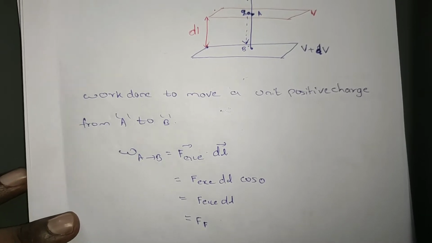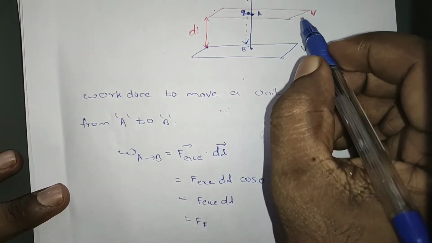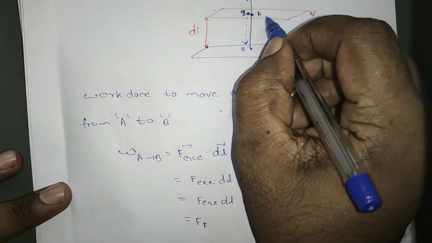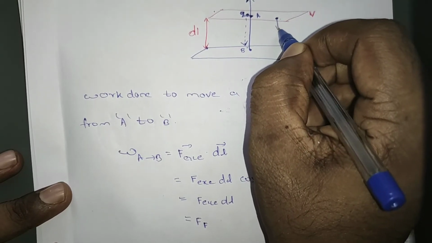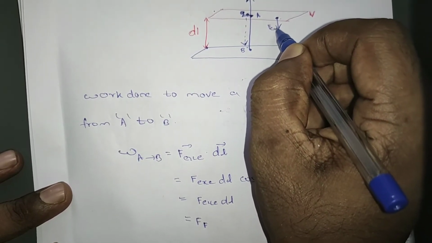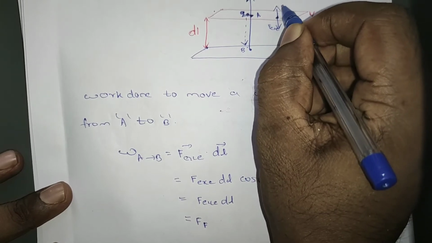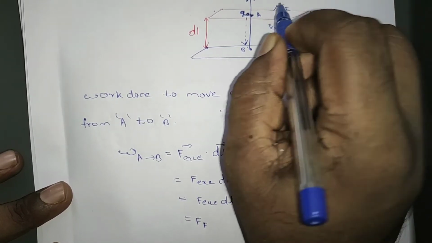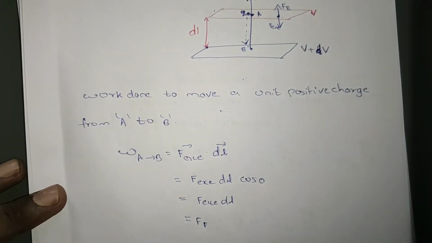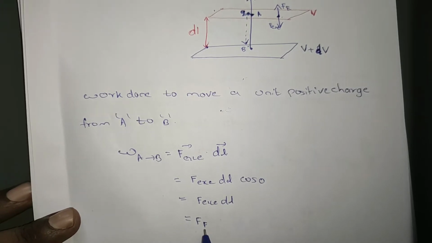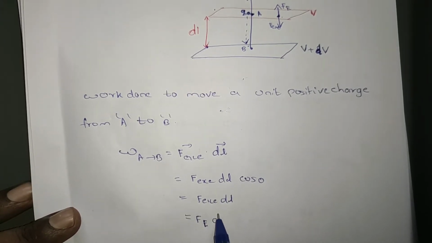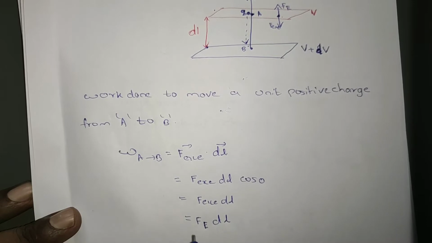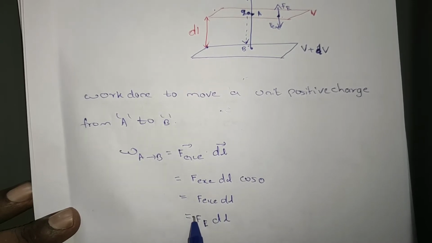FE is in the opposite direction. If I assume the external force is in this direction, the force exerted by the electric field is in the opposite direction. Clear? Okay. So FE into dL, but here I will add a minus sign.